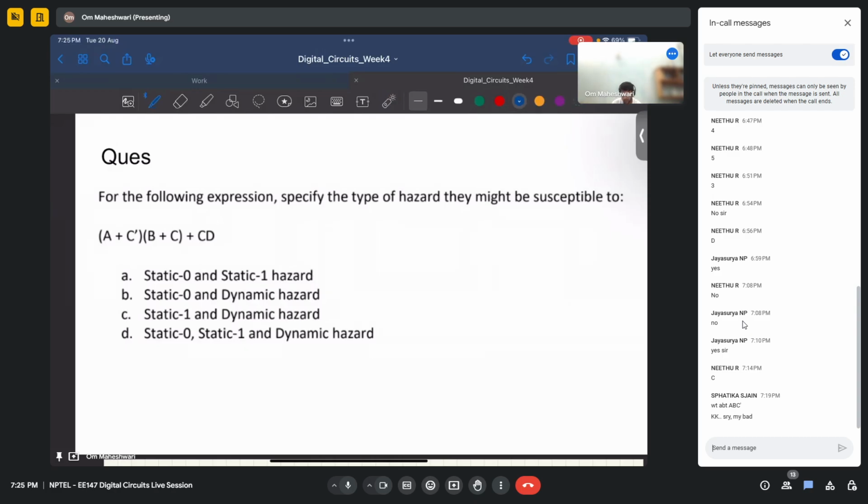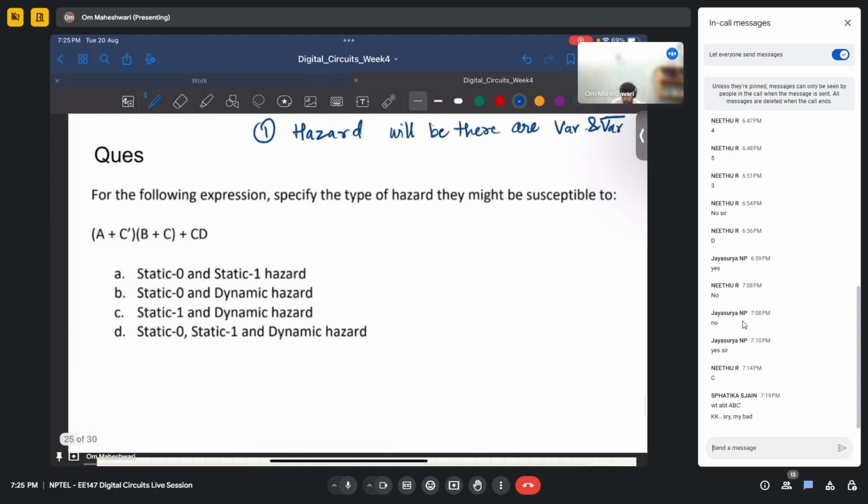First, you need to remember that the possibility of hazard will be there if you can draw the K-map, or there can be a chance of hazard if there are a variable and its complement in the expression.